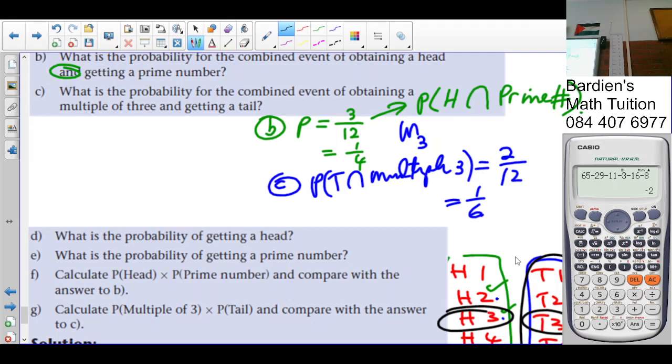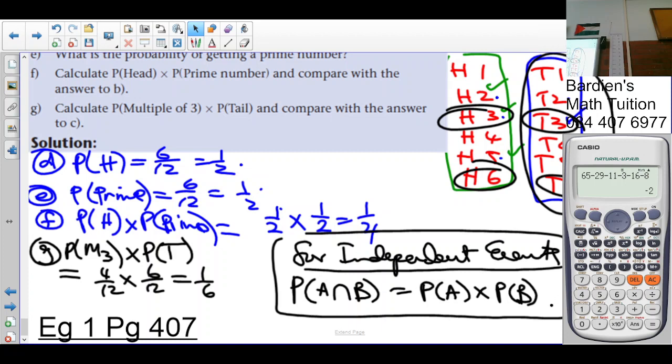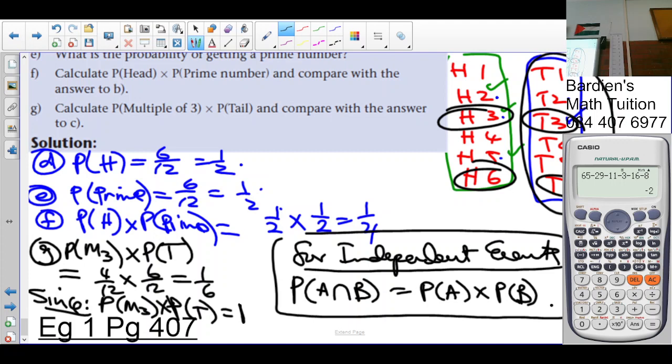Okay, so here we can conclude: since the probability of a multiple of 3 times the probability of tails is equal to the probability of the multiple of 3 intersection tails, therefore the events are independent. Okay, you guys understand?